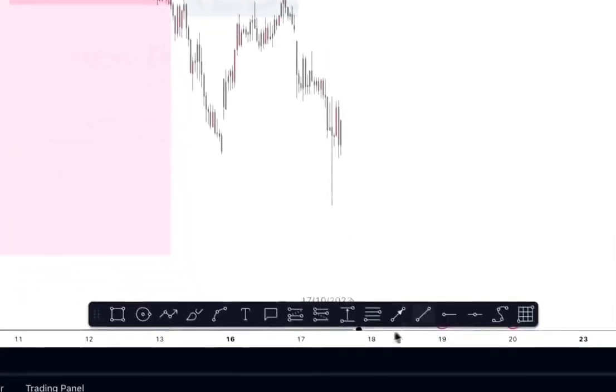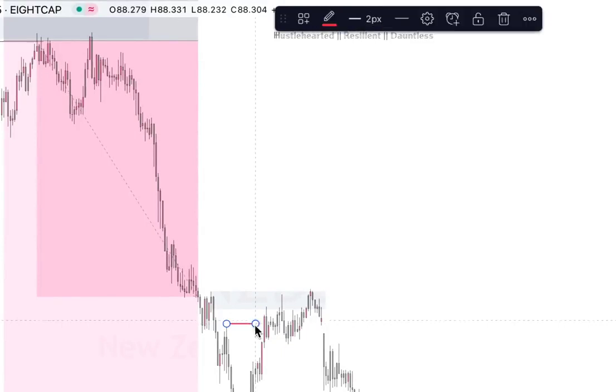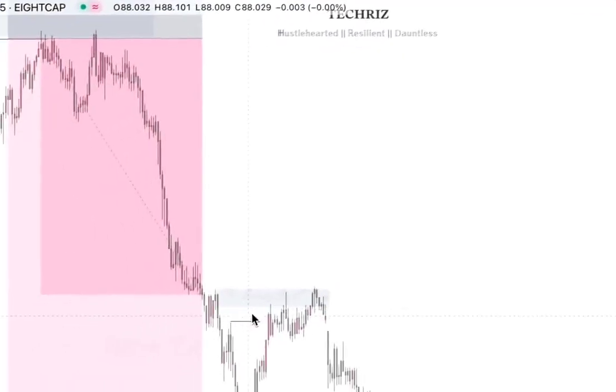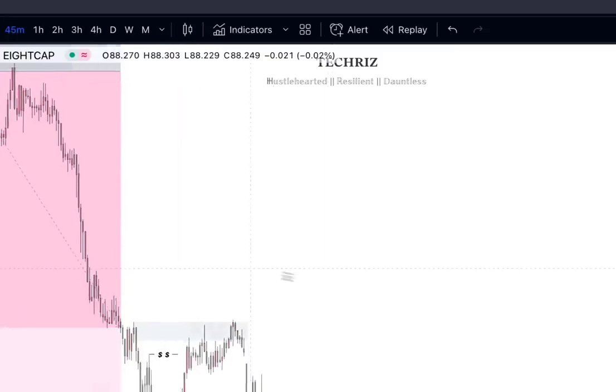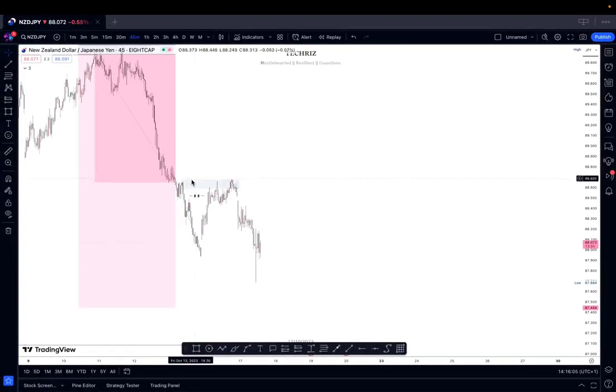And then I could take this place as my inducements. People are too noisy, for real. And then SL will be most likely above this particular level here, because there's no level we could actually be.